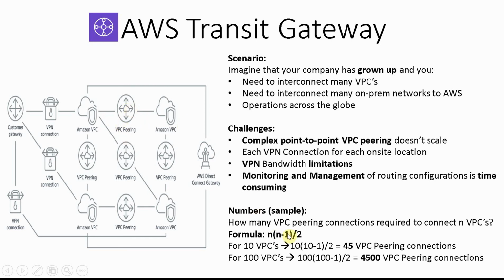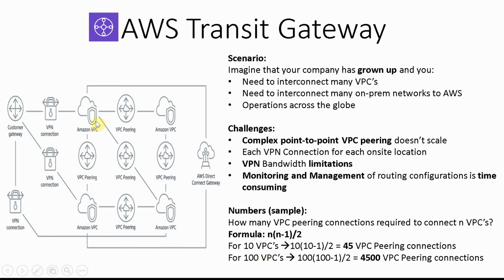One, right? 2 into 2 minus 1, so 2 into 1 by 2, which is 1. Applying this formula, 10 VPCs need 45 peerings, and 100 VPCs need 4500 VPC peerings. It's crazy. It's very difficult to manage so many VPC peering connections. We're talking about a global company where 100 VPCs are there, and he has to manage it.